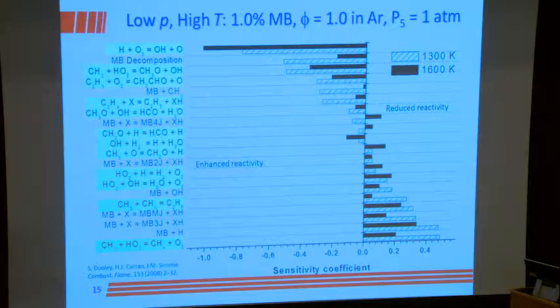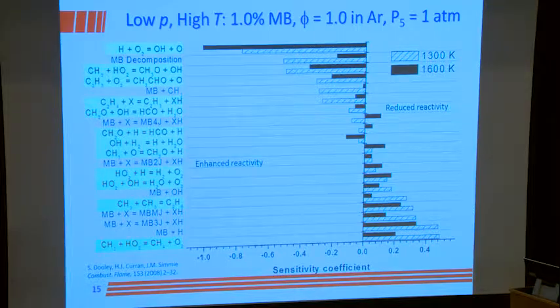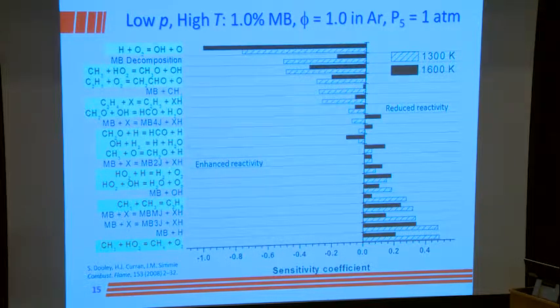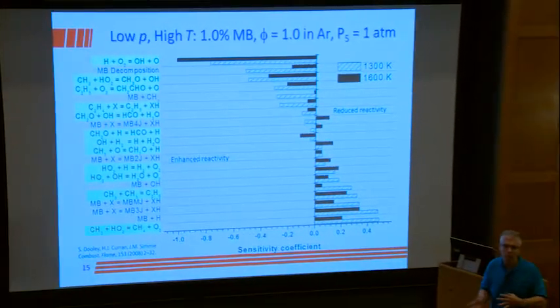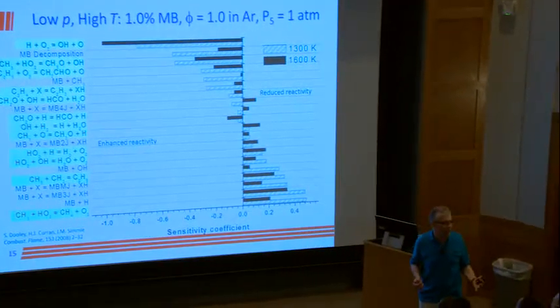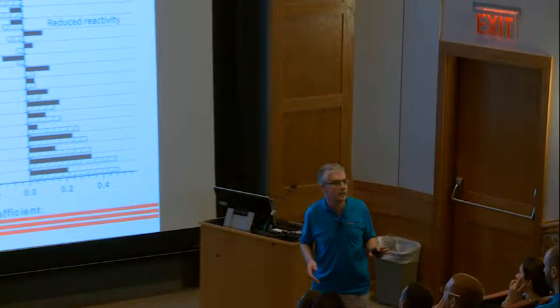But fuel plus H atom inhibits reactivity at both 1300 and 1600 Kelvin. Why would that be? Surely if you increase the rate of that reaction, it'll consume more fuel and you'll have more reactivity. So it doesn't seem to make sense that it inhibits.